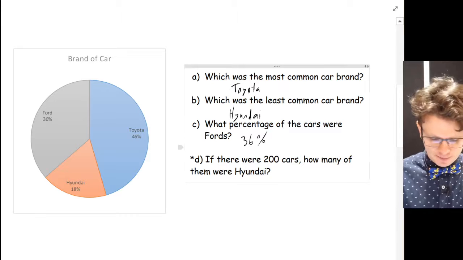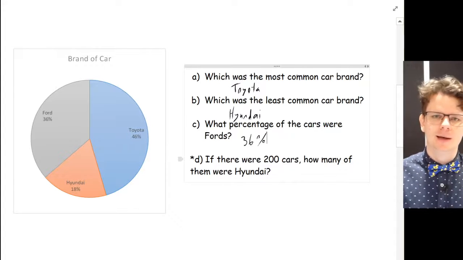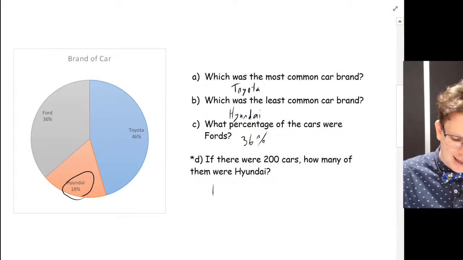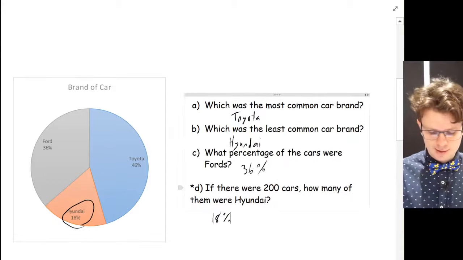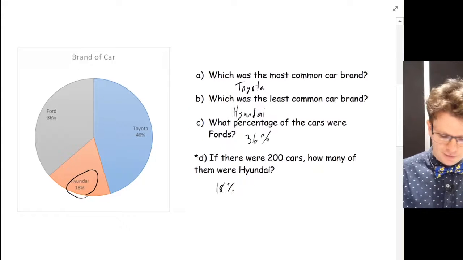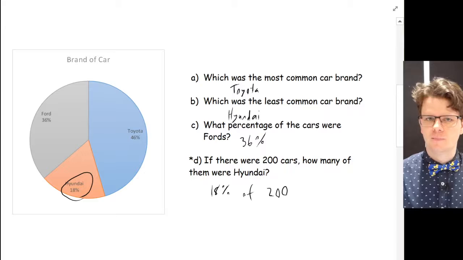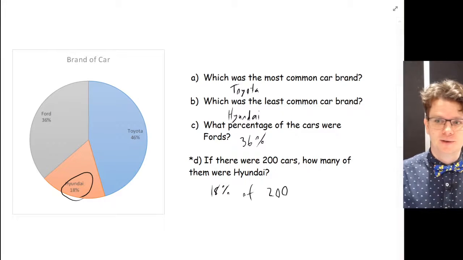All right, so let's look at the bottom one, D. If there were 200 cars, how many of them were Hyundai? Well, we know that of the Hyundai, 18%, well, of these 200 cars, 18% of them would be Hyundais. So we want to find out what 18% of 200 is. So for those of you who didn't know how to do it, I'm hoping that by now you're going to know what I'm going to do next.